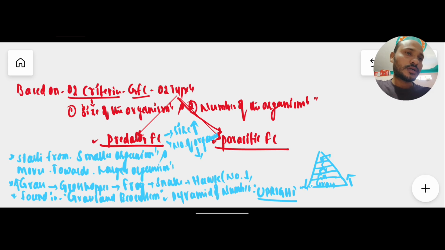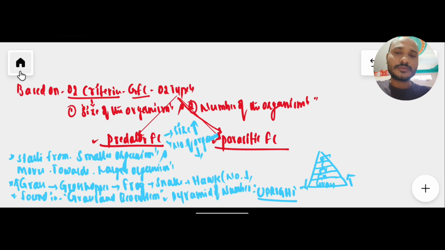So this pyramid of number always shows upright. Why? Because at the bottom the size of the grass is small and the number is more. That is the main important concept of this predator food chain. So remember, the pyramid of number in the predator food chain or grassland ecosystem is always upright. Okay, right. We move on.